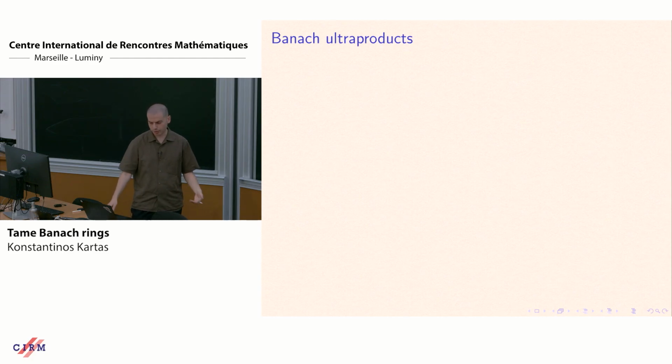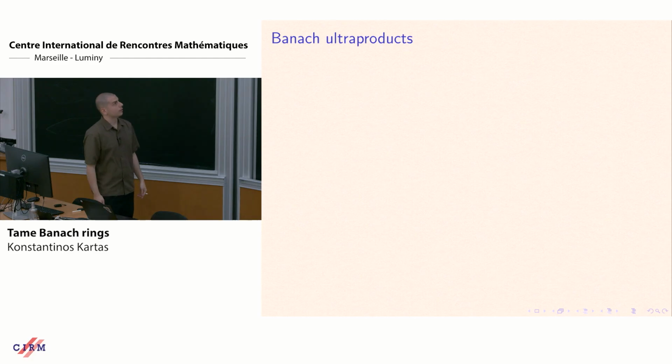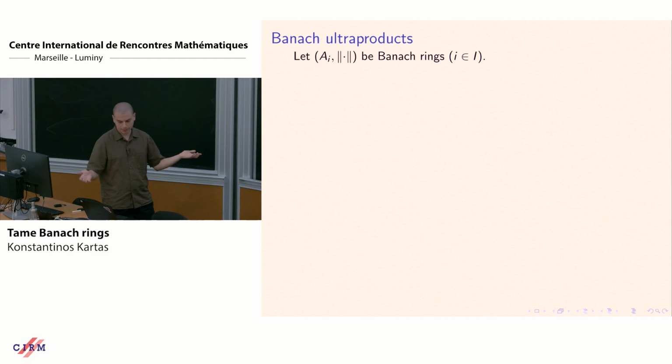In continuous logic, there are many people studying these Banach ultraproducts. But as far as I know, the discussion so far has been restricted to the Archimedean context. And as I'm going to explain now, there are very good reasons to initiate these techniques also in the non-Archimedean context. But the definition is actually exactly the same. So a Banach ring could be something, a C-star algebra in this definition.